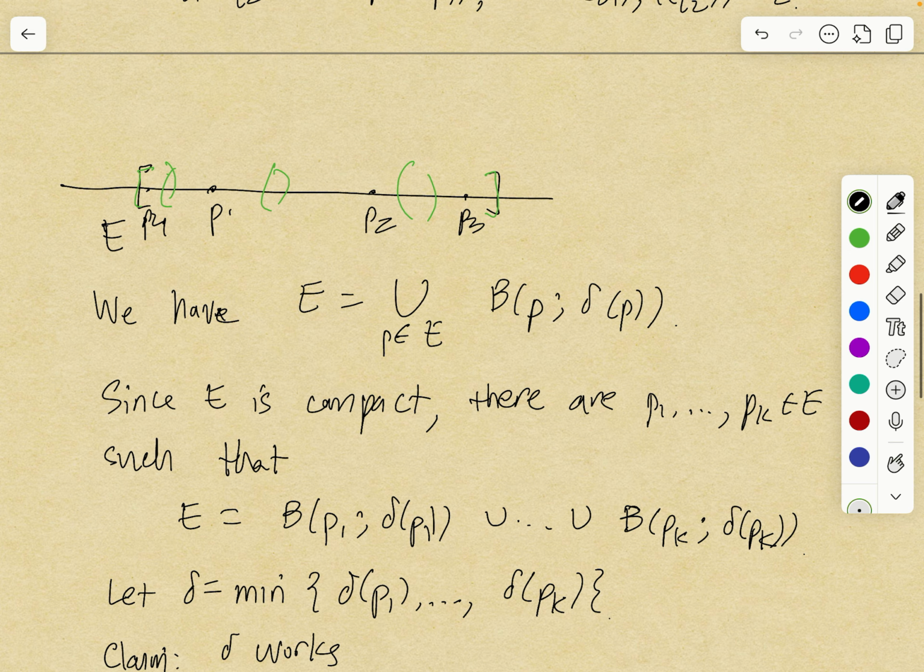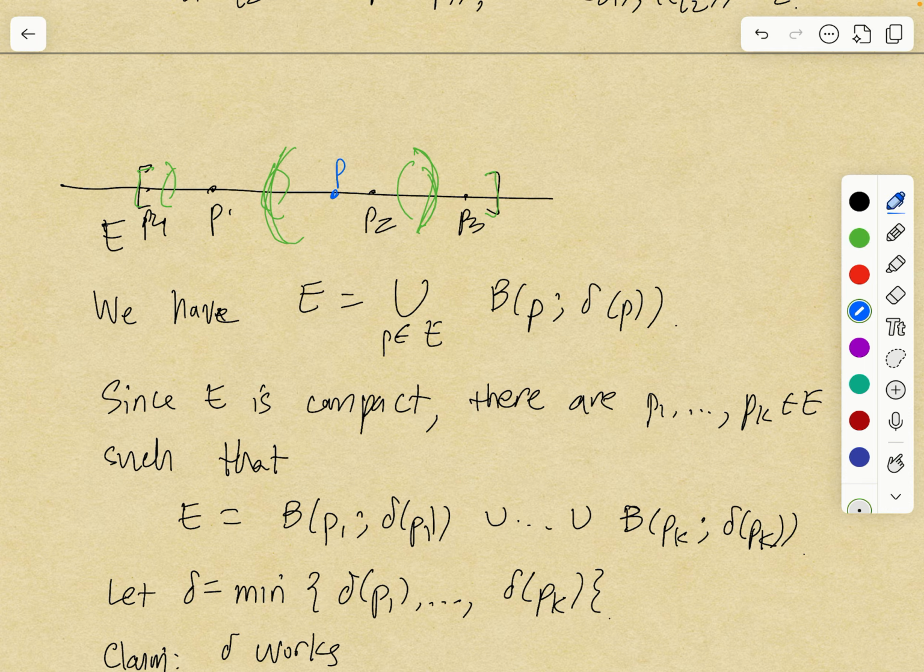So you have this finite number of open intervals, and let's say that P is here, and P is in this interval centered at P2. Like, let's say that this is the open interval centered at P2. It doesn't look centered at P2, I'm just drawing the picture.